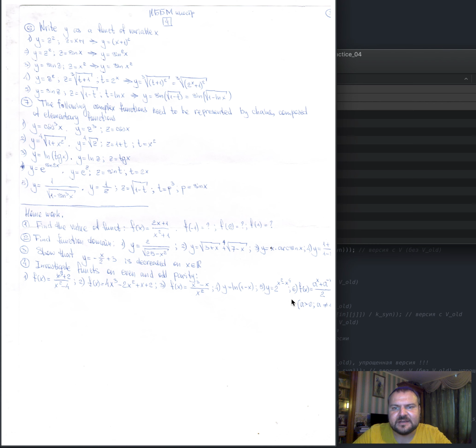And the sixth case, f of x equals (a to the power x plus a to the power minus x) divided by 2. It is a function called hyperbolic cosine. So that's the end. You need to check which is odd, even, or a general type of function.